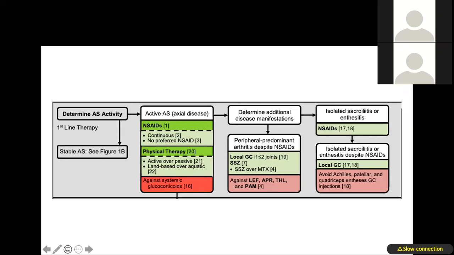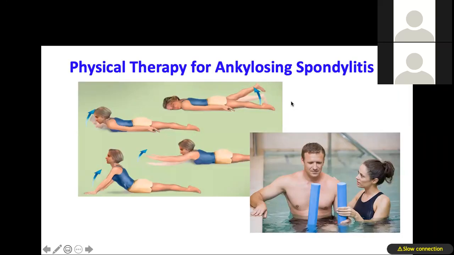Quadriceps entheses, same problem. Patella entheses also same problem. This applies only to the peripheral weight-bearing entheses, which are mainly muscle and which are not backed by other entheses or muscles surrounding. I hope I answered your question, Sharka.